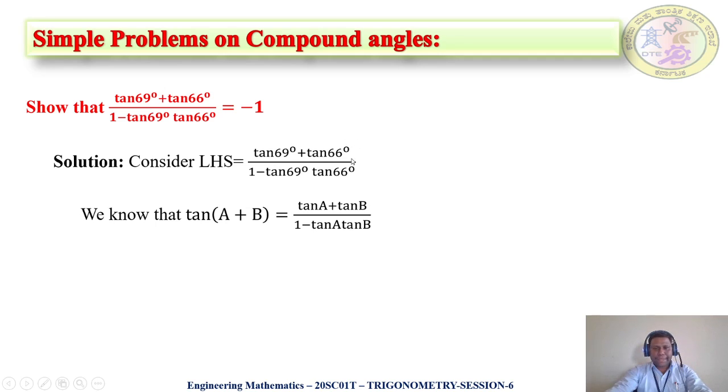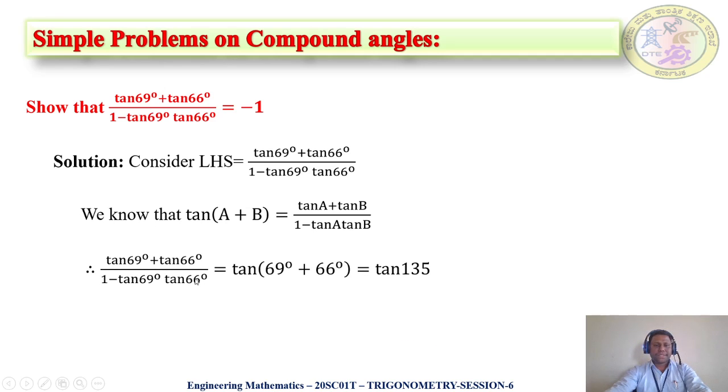In the place of B, it is 66 degree. So therefore, this value becomes tan of 69 degree plus 66 degree. So 69 degree plus 66 degree will become 135 degree. Therefore, this value has become tan 135 degree.